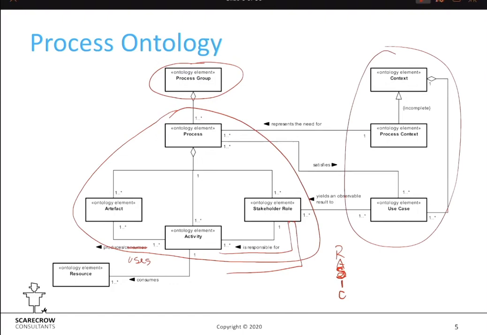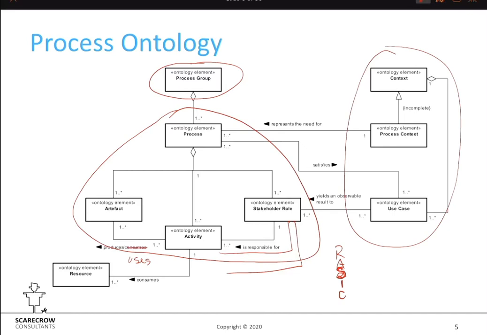The process exists to produce one or more artifacts. The resources just happen to be things that you need to allow you to carry out the process. They're not an intrinsic part of the process itself.